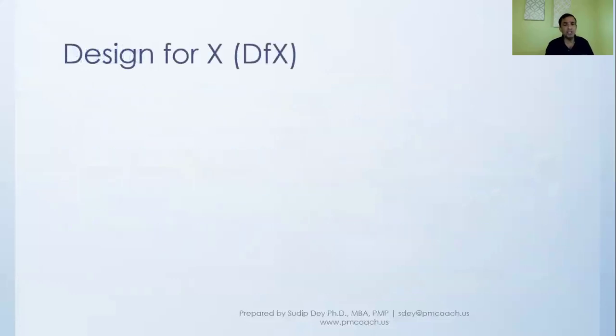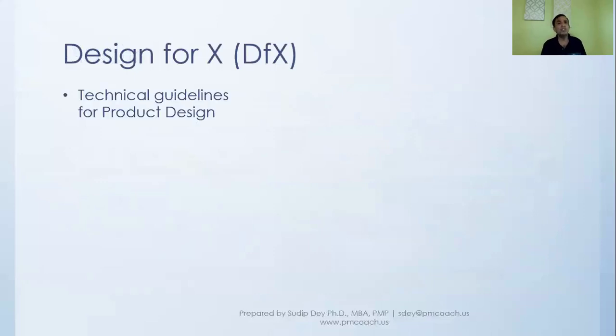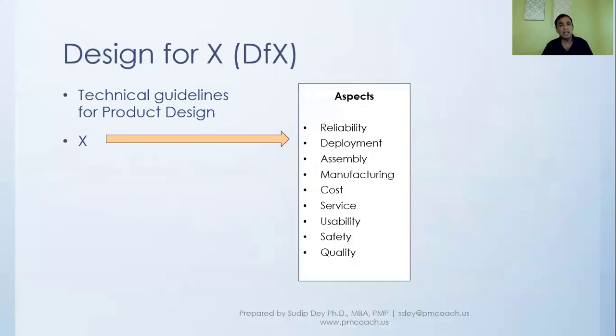Now there is this concept of design for X, which really is about technical guidelines. These are the technical guidelines that are used for the product design. Like we said, in managed quality, we want to focus right from the design, the product design. And the whole idea is that we are designing with X in mind. And this X can be many different things, different aspects, like reliability, deployment, assembly.